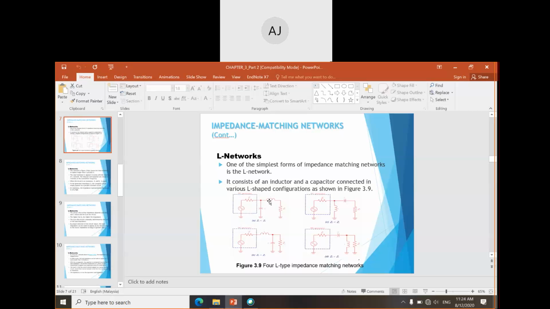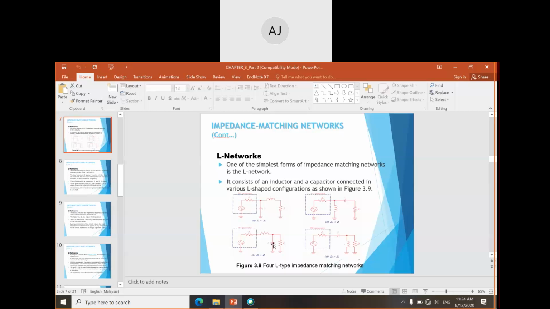When we put the L and C like this, it will make the Z load become higher. And when the Z load becomes higher, the Q point also becomes higher. When the Q point becomes higher, the total circuit is very stable compared to the B circuit.